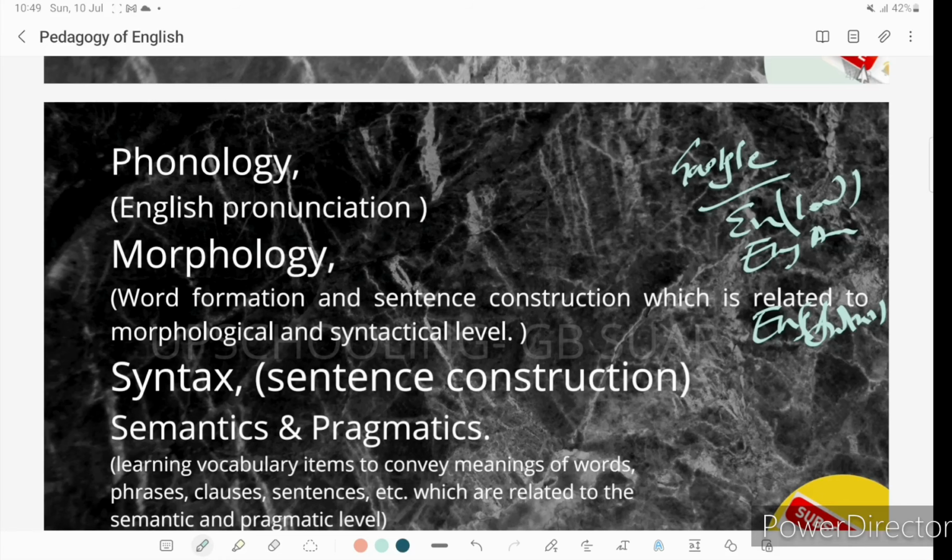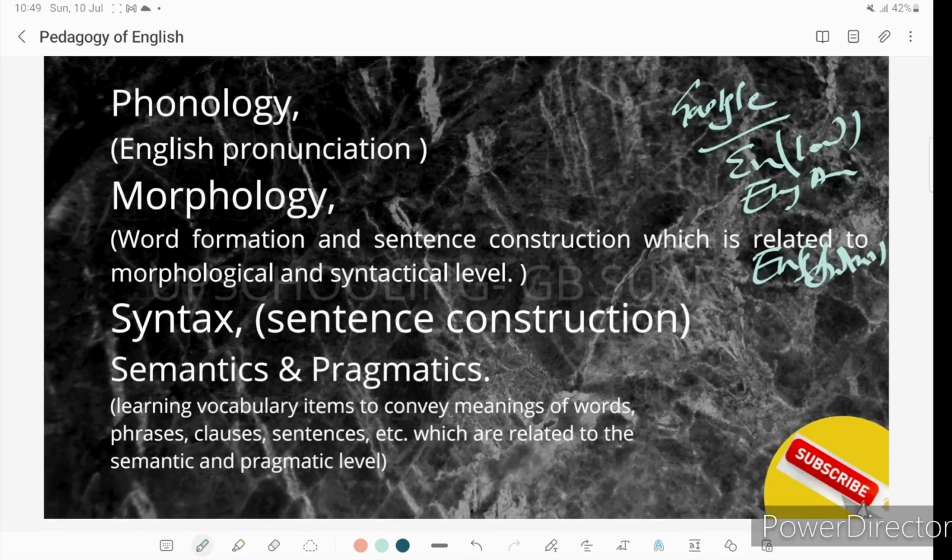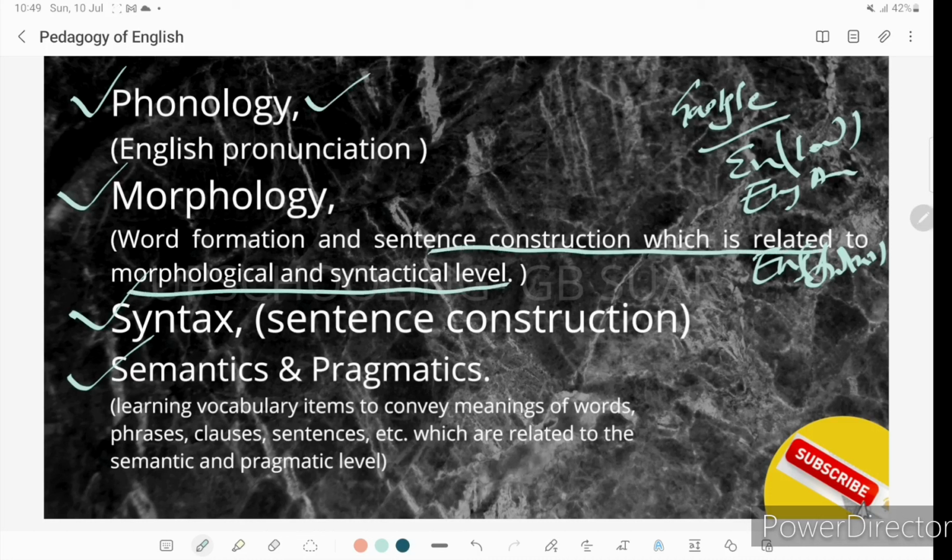That is my viewpoint. देखिए, errors जो है are at the levels of phonological, morphological, और syntactical, semantics and pragmatics. Pronunciation, that is phonology, pronunciation related. And morphology, word formation and sentence construction, which is related to morphological and syntactical level. और syntax जो है ये sentence construction, grammar.